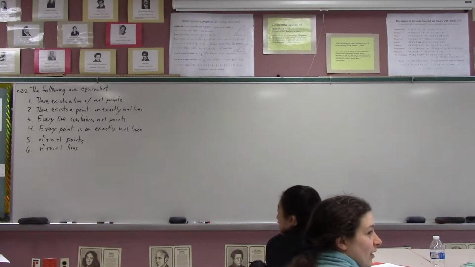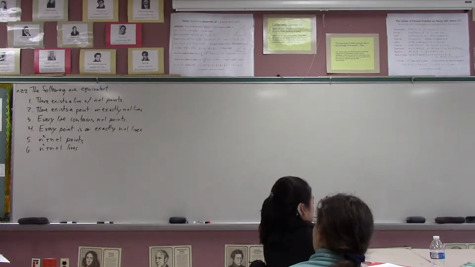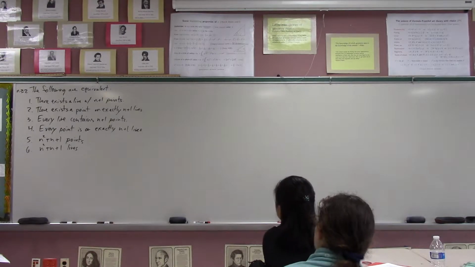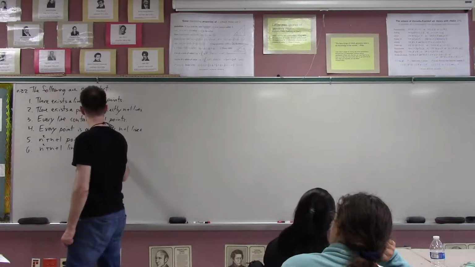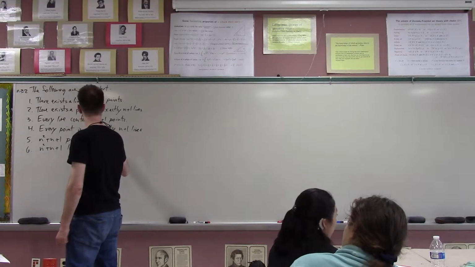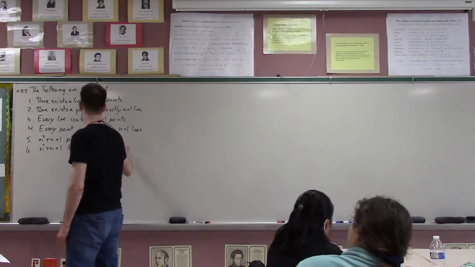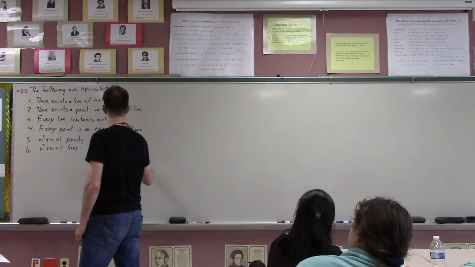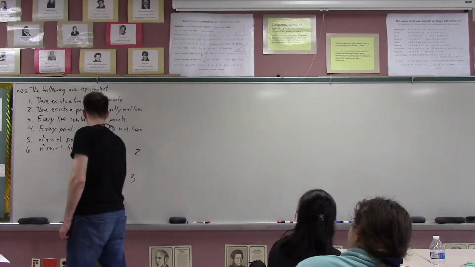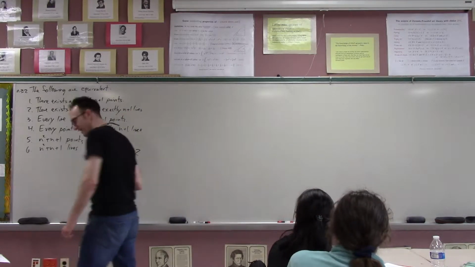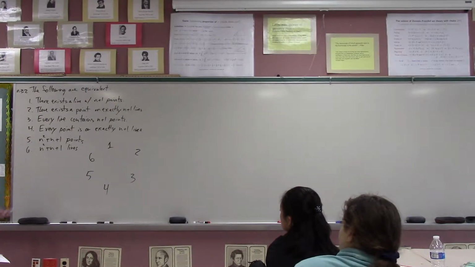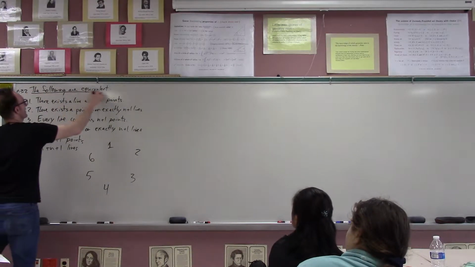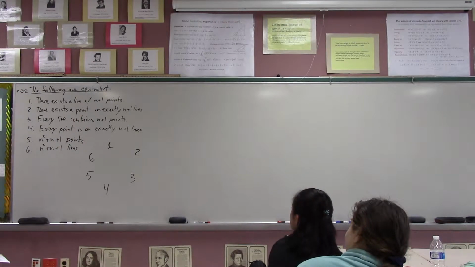All right, so here's what we have to show, the equivalency of all of these. And we're going to be careful about this. I'm going to chart our logical progress in a flow chart. So here's 1, 2, 3, 4, 5, 6. Now it's quite a bold thing to show that the following are all equivalent. Depending on how many advanced math courses you've taken recently, this is the kind of thing you do all the time.